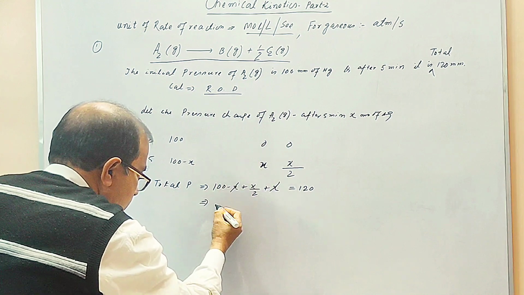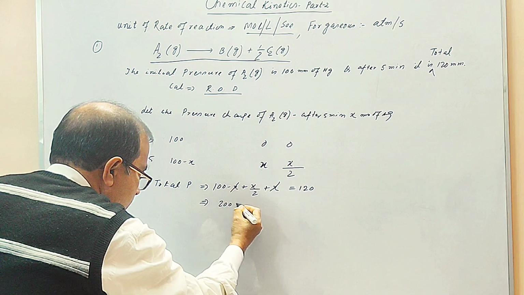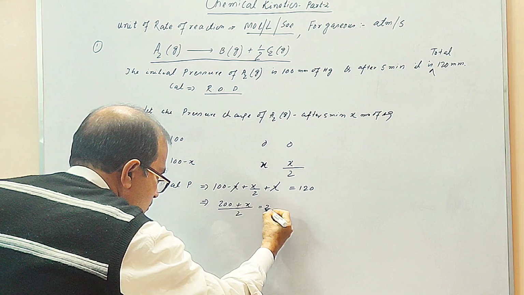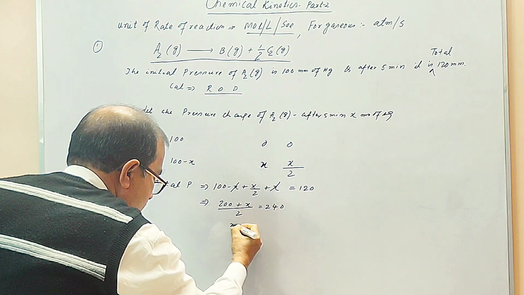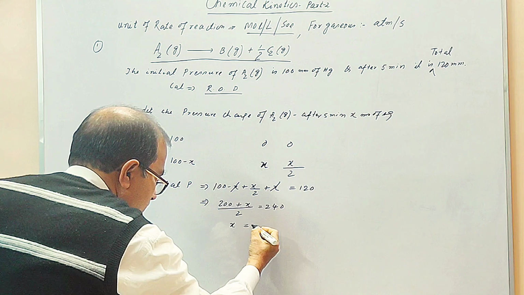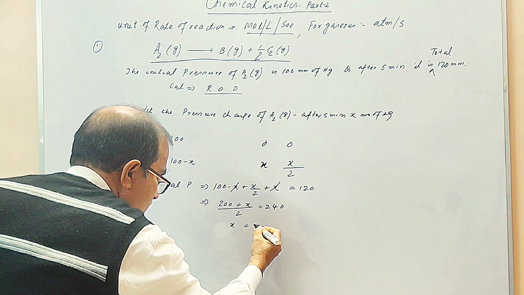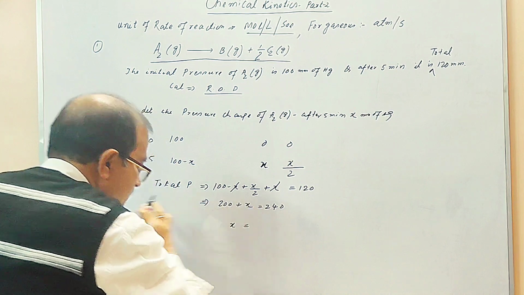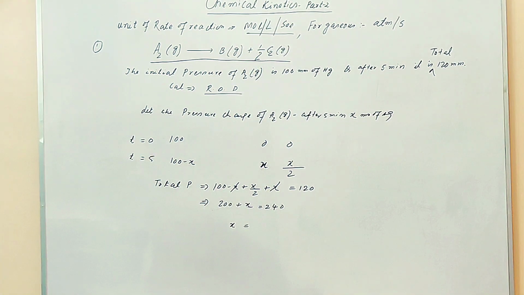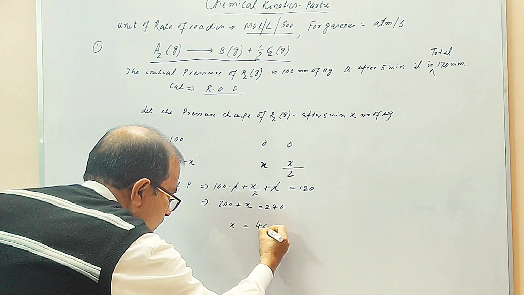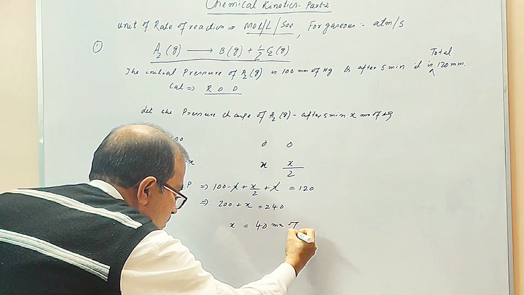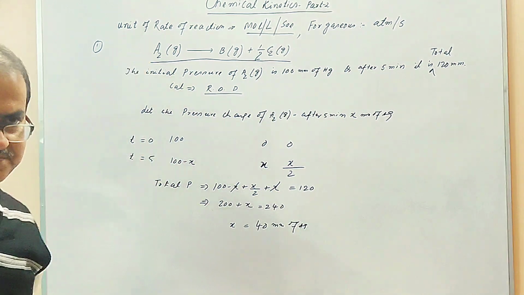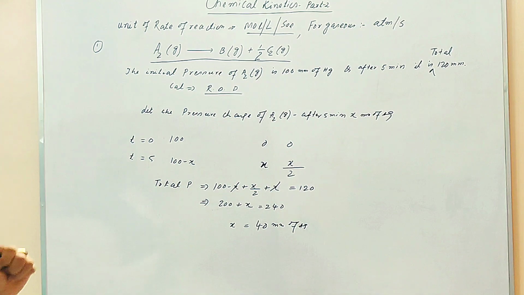This has been cancelled, so you get 100 plus X by 2... 200 plus X is equal to 240, then X equals 40 millimeter of Hg. So we can see the pressure reduction of this reactant is 40 millimeter of Hg.